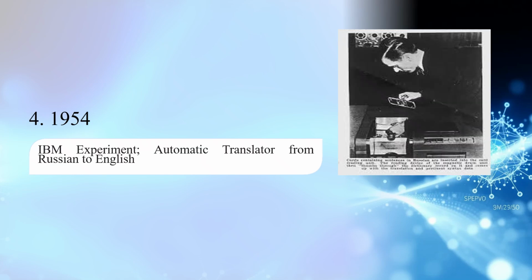Another important event that marked the history of machine translation is the first demonstration of an automatic translator by IBM and Georgetown University in 1954. The IBM company and the Georgetown University research group designed a prototype which translated 49 Russian sentences into English using a vocabulary of 250 words and some rules.